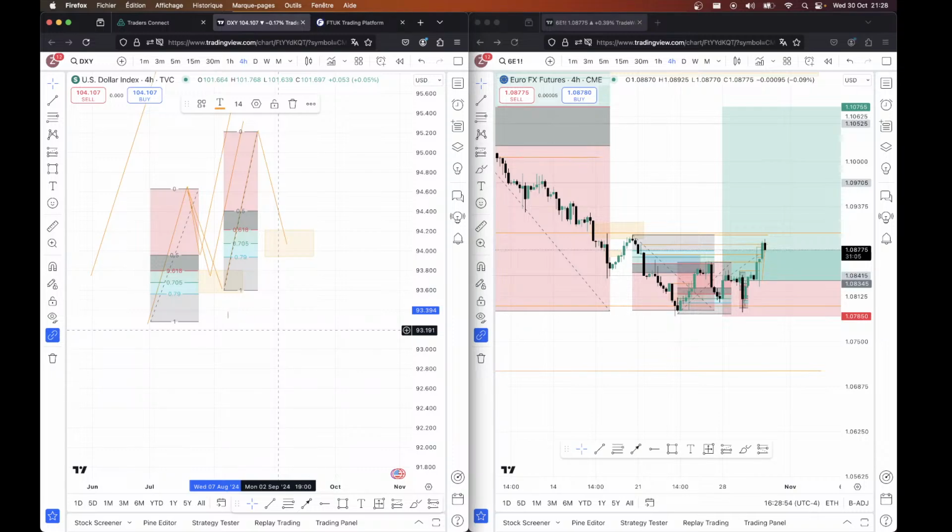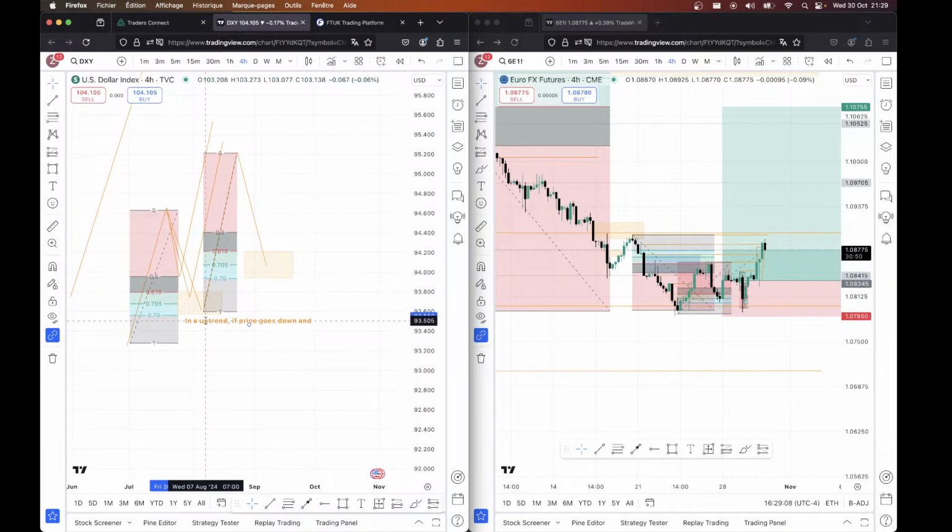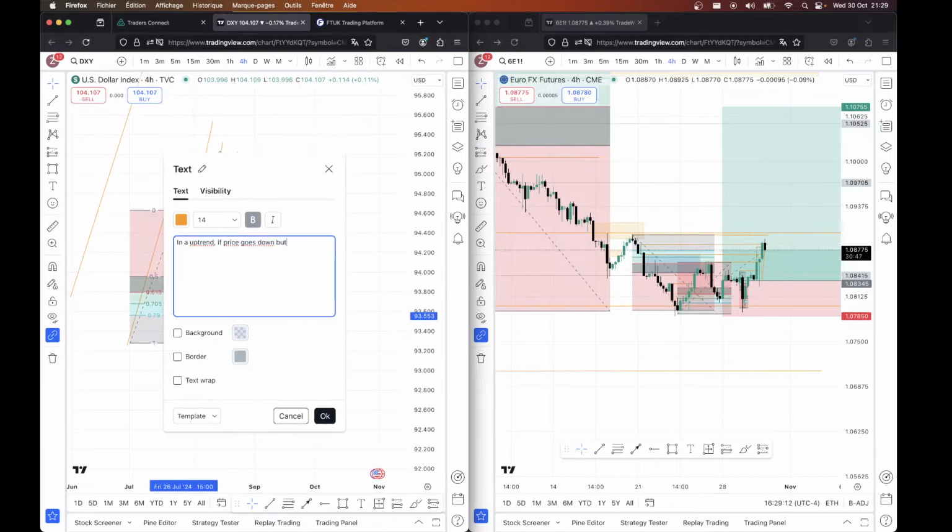So in an uptrend, if price goes down but still remains in the OTE zone, optimal trade entry, which is between 61% and 79% retracement from Fibonacci, then the uptrend is still on the go.